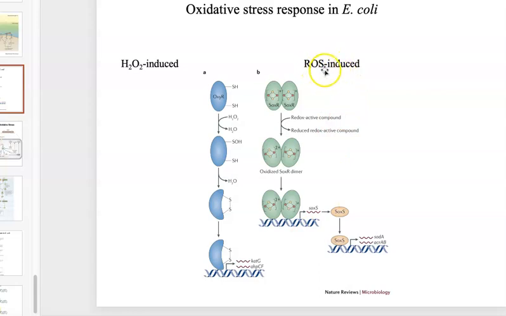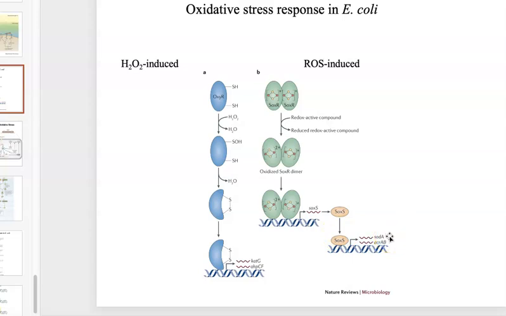Reactive oxygen species induced SoxR dimers are also present in a lot of bacteria, and so in this kind of oxidative environment, you see the oxidized SoxR dimer, and once this becomes oxidized, it can now recognize its promoter, and in this particular case, will activate SoxS, as you see here, and then SoxS will bind to, for example, the superoxide dismutase promoter.